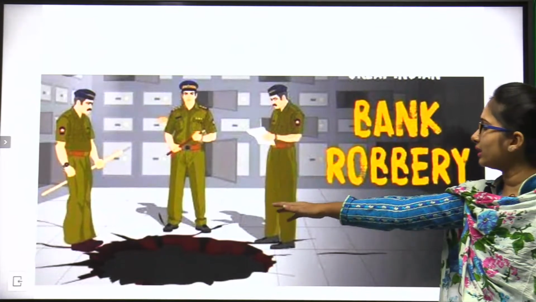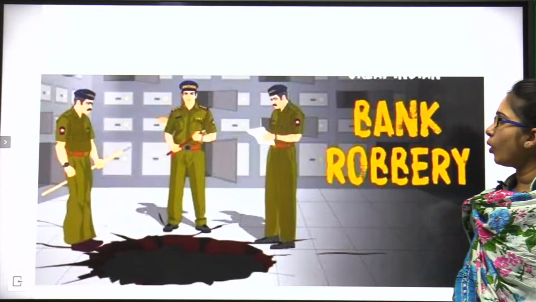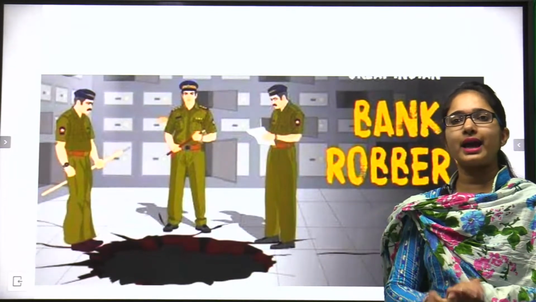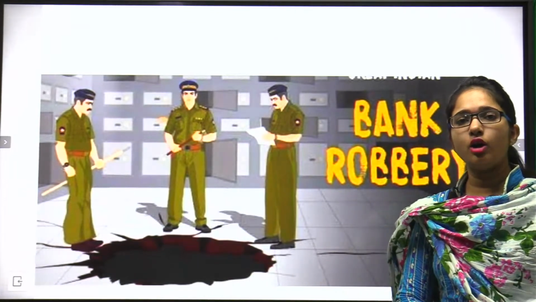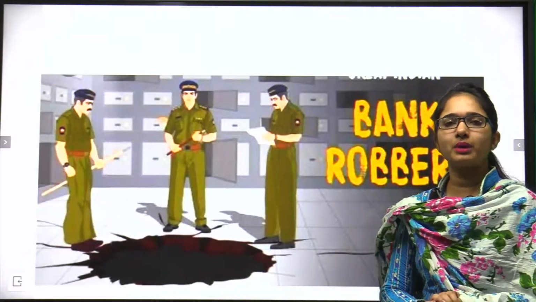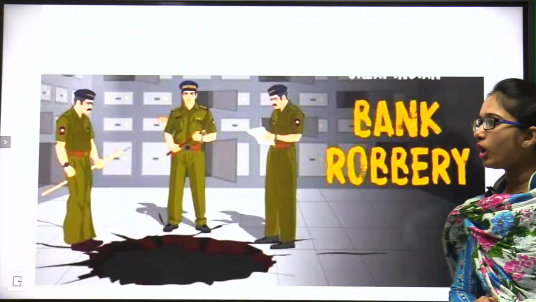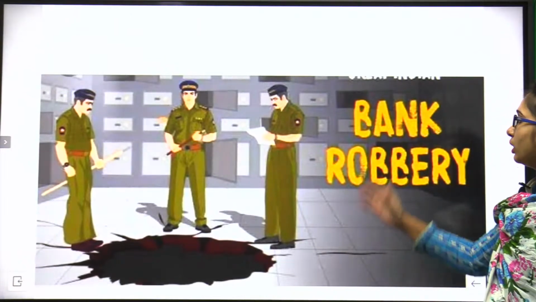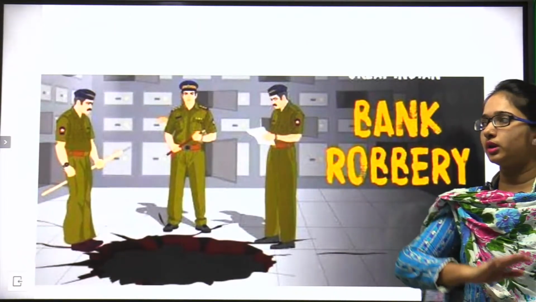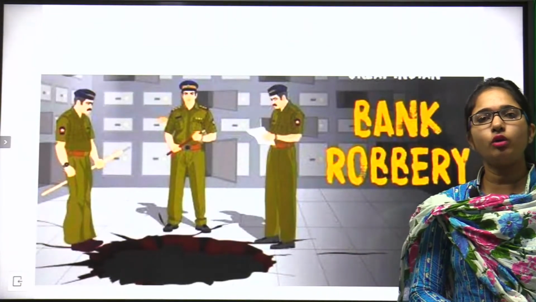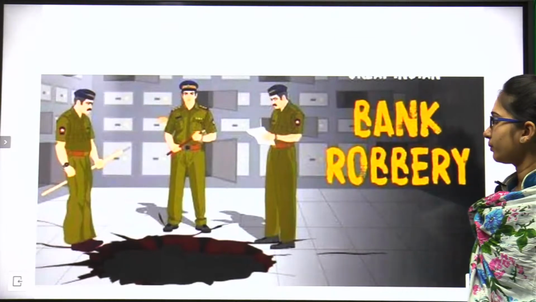You can see the cabins are open, the lockers are open. They have taken all the cash, money and gold that was in the bank, and after taking all these things, they have gone. Now the police are standing there and observing each and everything, how the robbery happened.